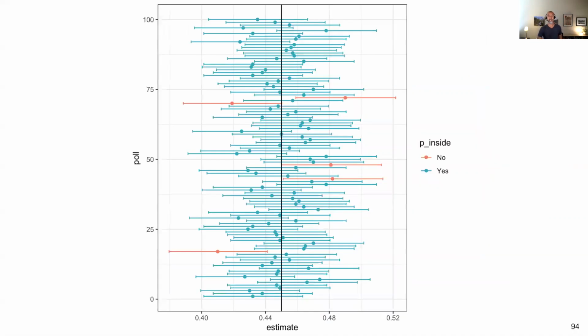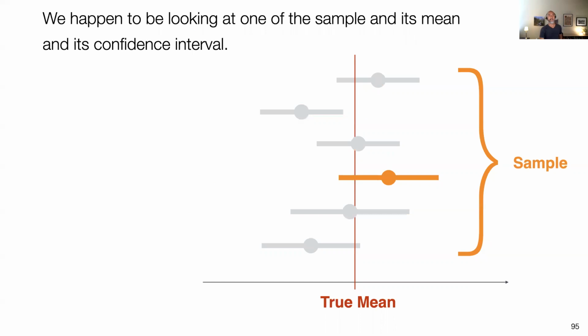If you sample 100 times, calculate the mean and the 95% confidence interval each time, then 95 of them should include the true mean. In this chart, the center blue line is the true mean. I was just trying to explain what this formula, the 95% confidence interval calculation, is really trying to do, and we happen to be looking at one of them.